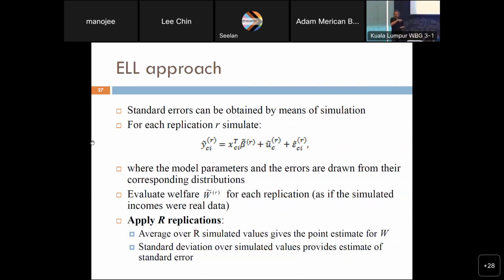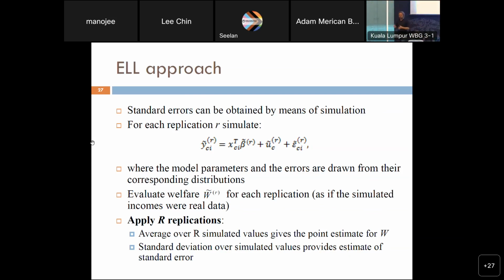You bootstrap your survey and estimate the model parameters, or if you're willing to assume that your regression coefficients are asymptotically normally distributed, you draw your model parameters from the estimated distribution. You draw the errors from the estimated distributions. Now for the given simulation, small r, we're going to have imputed household consumption for every household in the population census.